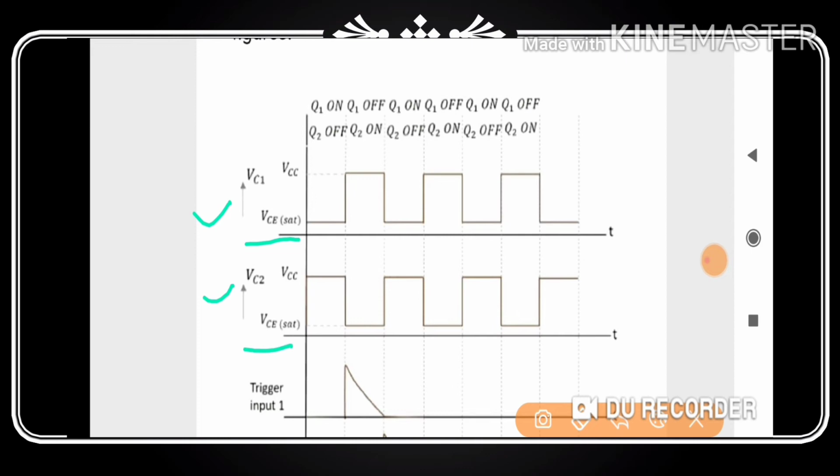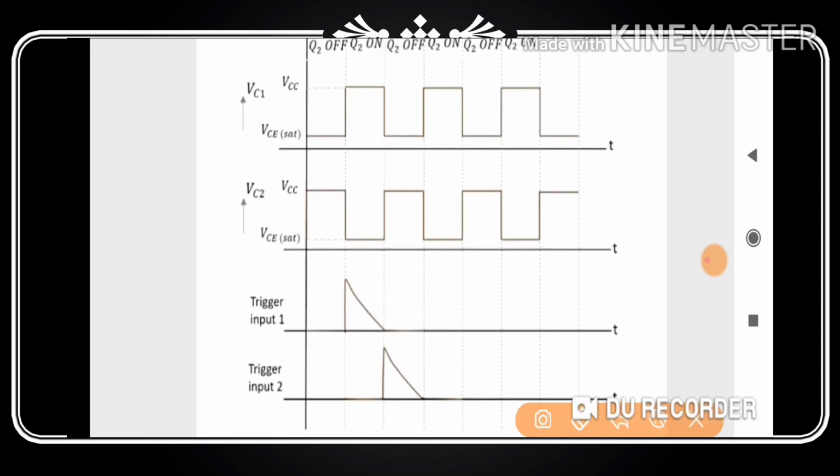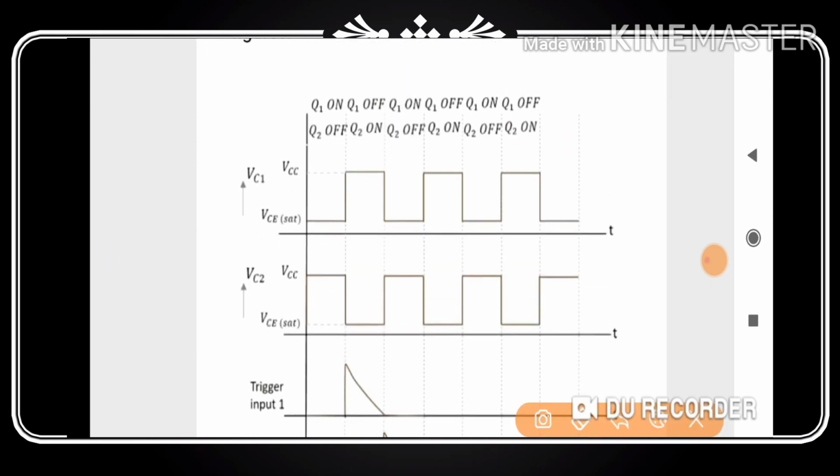When the trigger input is applied, a square wave is generated. When Q1 is on, it is in the conducting and saturation state, so Vc1 is in the saturation state.